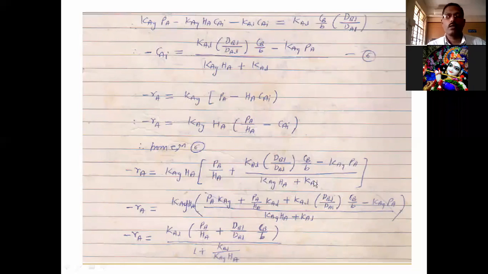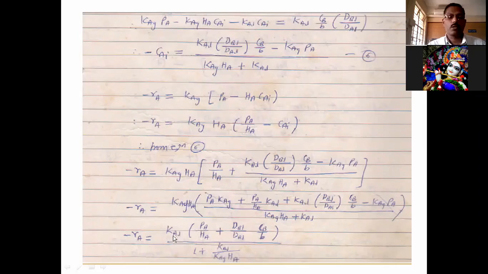And solve this equation. So this Kg into Ha plus Kl. We take the LCM of this equation and multiply this P upon Ha here, so some terms will be cancelled. We obtain minus Ra is equal to Kal into P upon Ha plus dBl upon dL into Cb upon B, upon 1 plus Kl upon Kag into Ha.